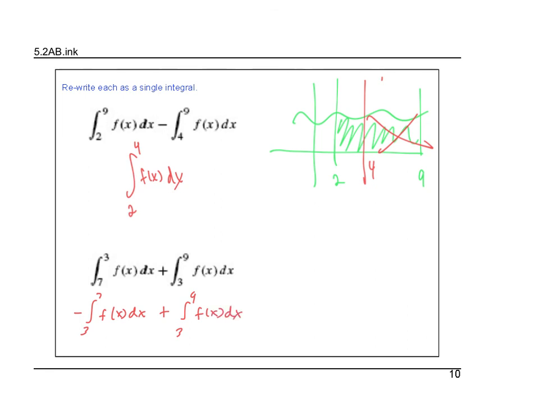So now I have negative integral from 3 to 7 of f of x dx plus the integral from 3 to 9 of f of x dx. So, quick sketch. I'm going to start with the larger one, so 3 until 9, that's that whole space, and I'm subtracting out 3 to 7, which means I'm left with 7 to 9.